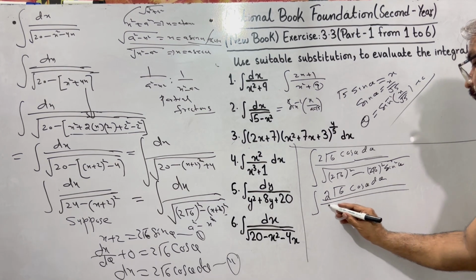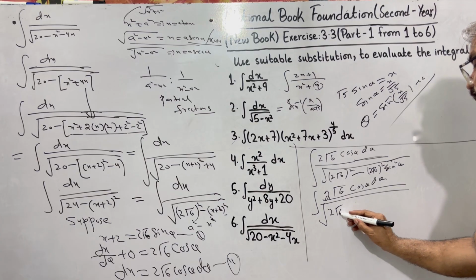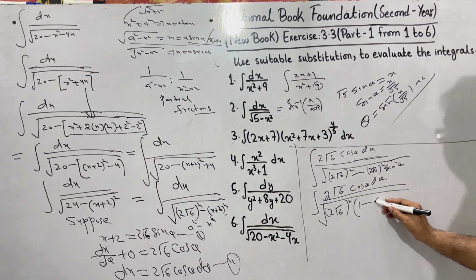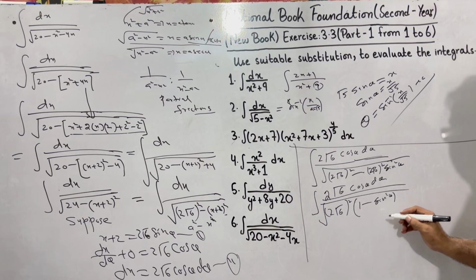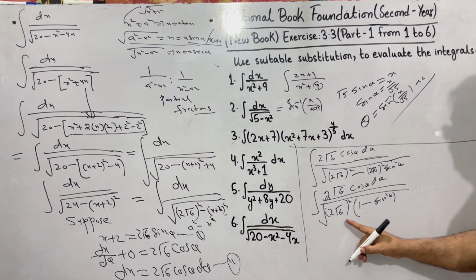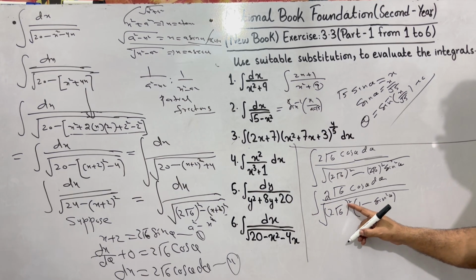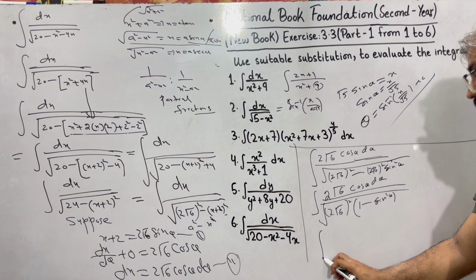Taking 2 times root 6 square common from the square root, we are left with 1 minus sine square theta. 1 minus sine square is equal to cos square. Square root of 2 root 6 square is only 2 root 6.